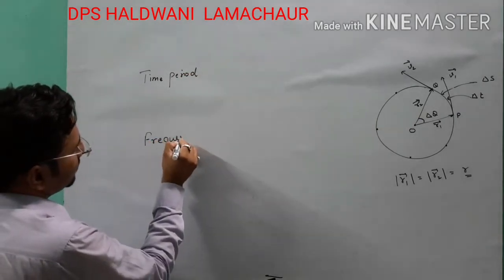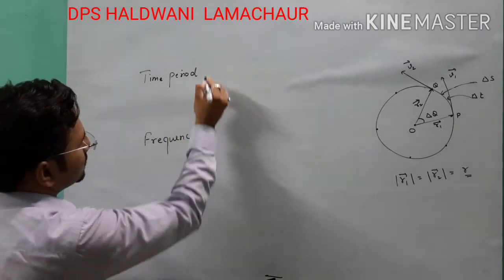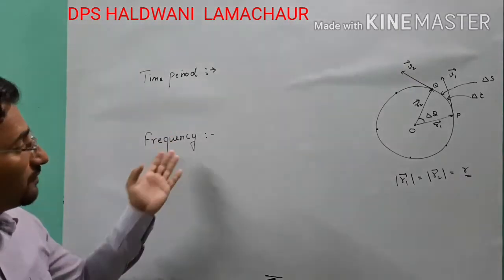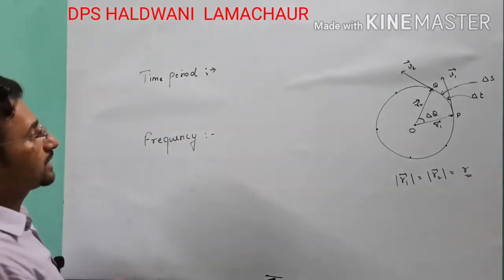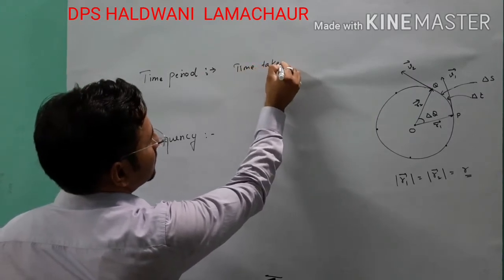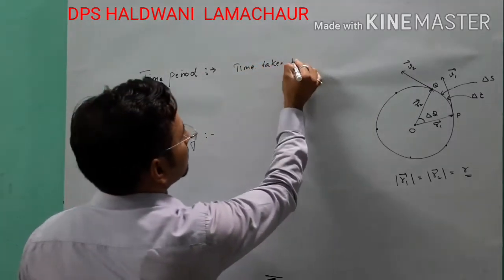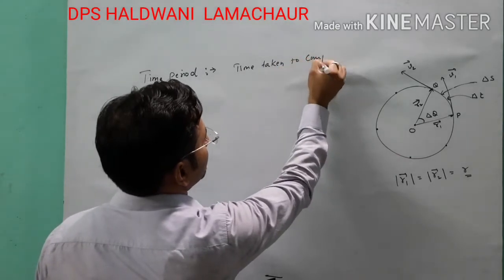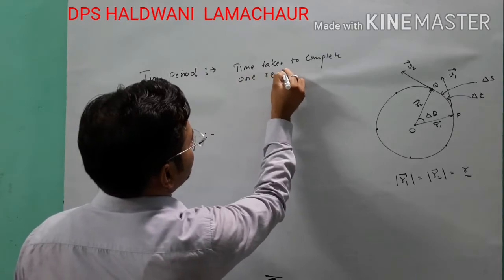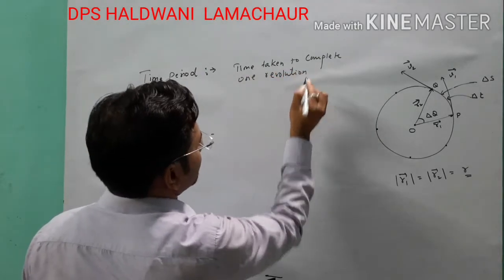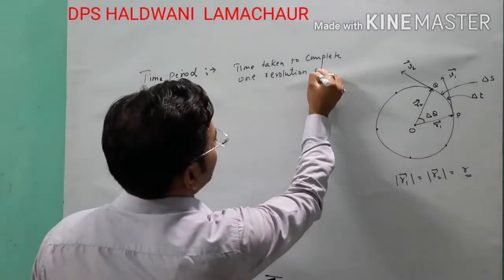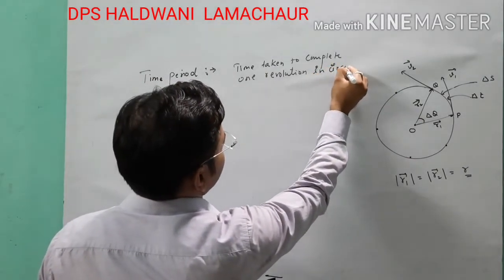These two terms are very familiar to you because you have read time period and frequency in class 9th. So time period is the time taken to complete one revolution, or you can say one round, in a circular path in circular motion.